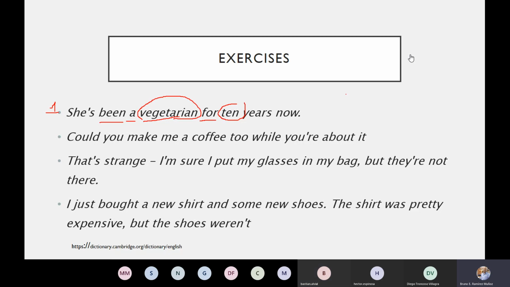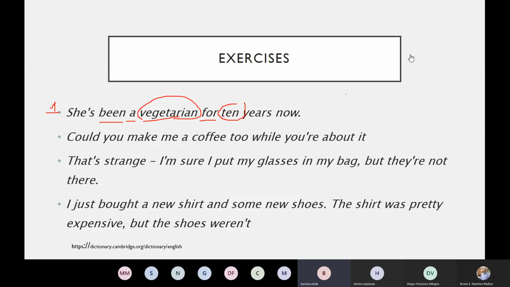The second. Could you make me a coffee too while you're about it? And I think the stressed words are make me coffee. And all the others are lighter, or are not stressed.